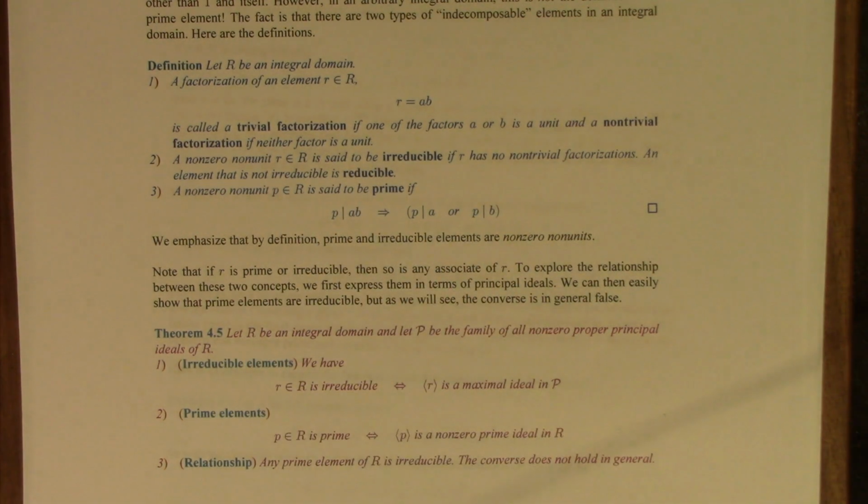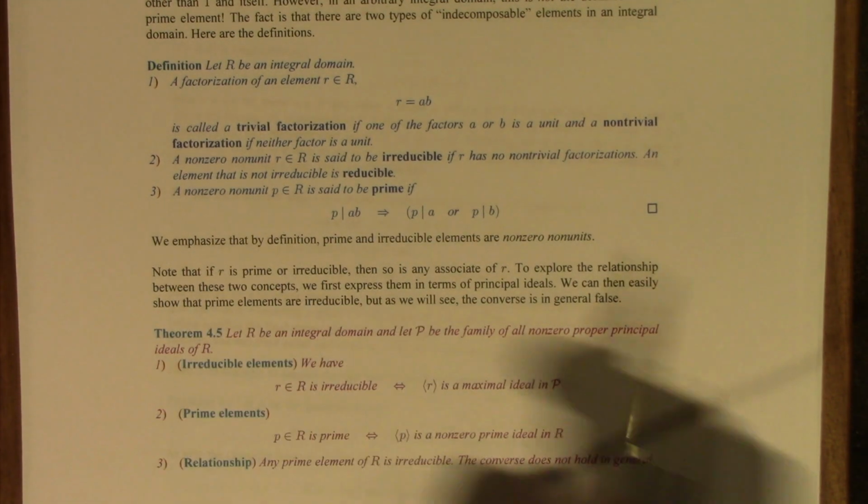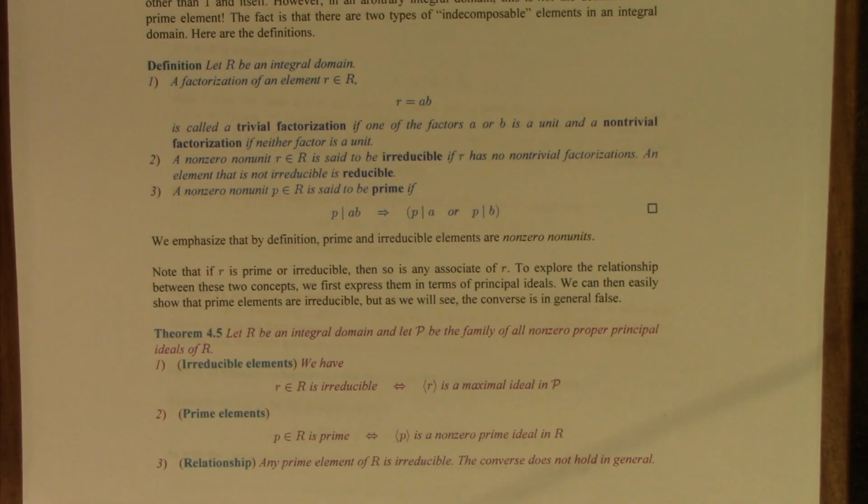So reducible means it can be factored into a product of two elements, neither one of which is a unit, and therefore neither one of which is an associate of the element r. And so it's a real factorization. It's factorization into, this isn't the right word, but smaller factors. I wouldn't use that word, but it conveys an idea.